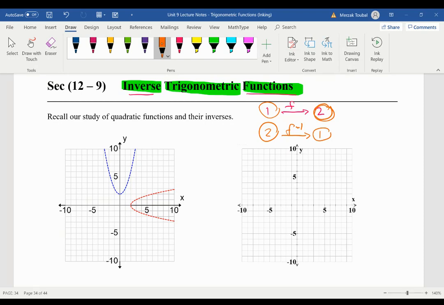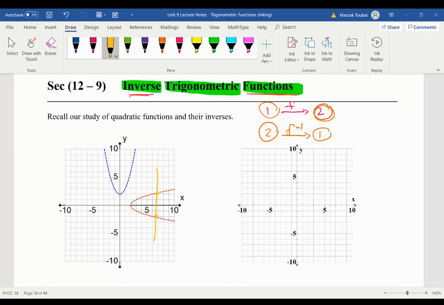But if we talk about inverse functions, what we notice is the red curve, which represents the inverse, does not pass the vertical line test. So if it fails the vertical line test, then the inverse is not a function.